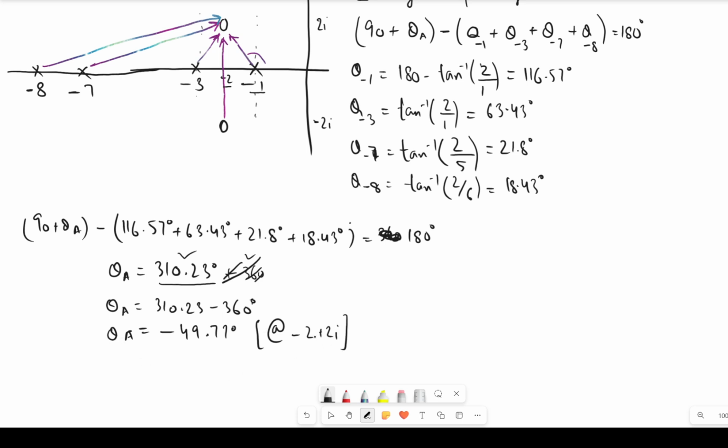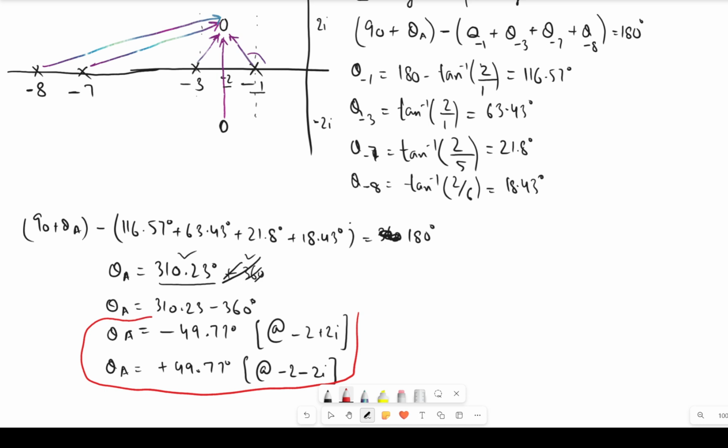So if this is at minus 2 plus 2 iota, that means theta A is equal to plus 49.77 degrees at minus 2 minus 2 iota. So at the other 0, the angle will be this. So these are our two angles of arrival, and in this way, we are done with the second part of the question.